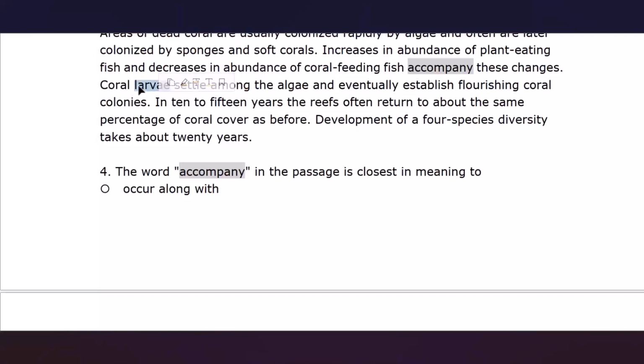An interesting topic here is again plural Latin forms. Larvae is the plural form of larva, and larva is a stage in the life of some animals, specifically insects. Some insects undergo metamorphosis.